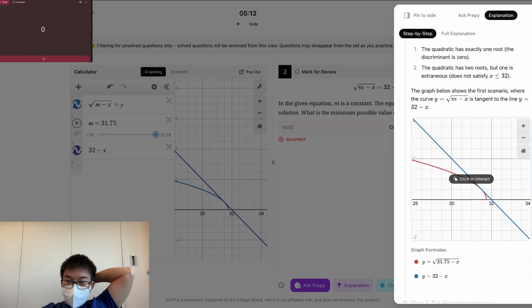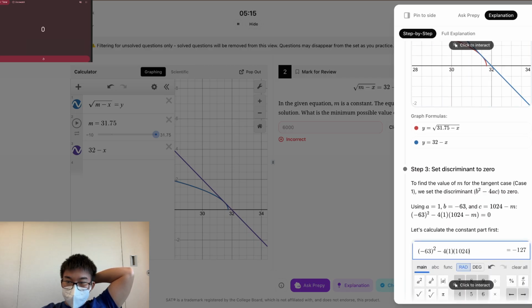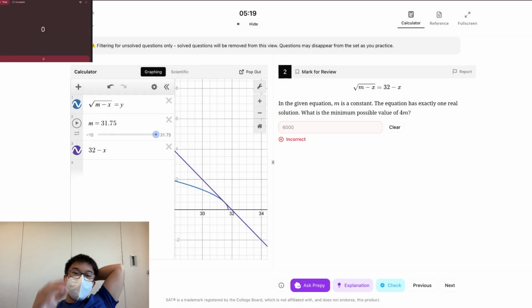I won't do the math right now, but I'll just explain it. So basically, you set both of them equal to each other, I'm pretty sure, and then I guess you plug in a variable for x.